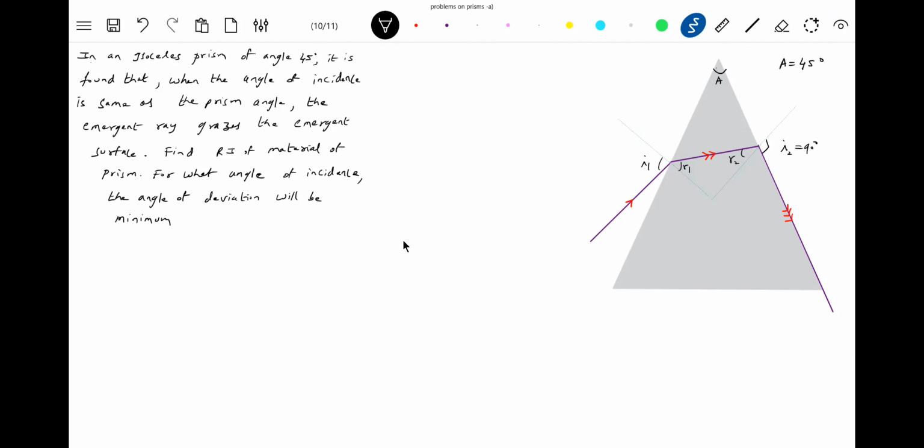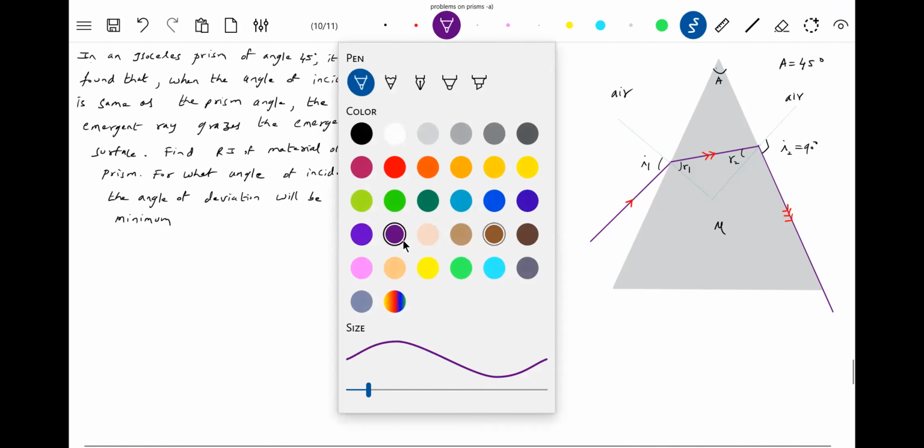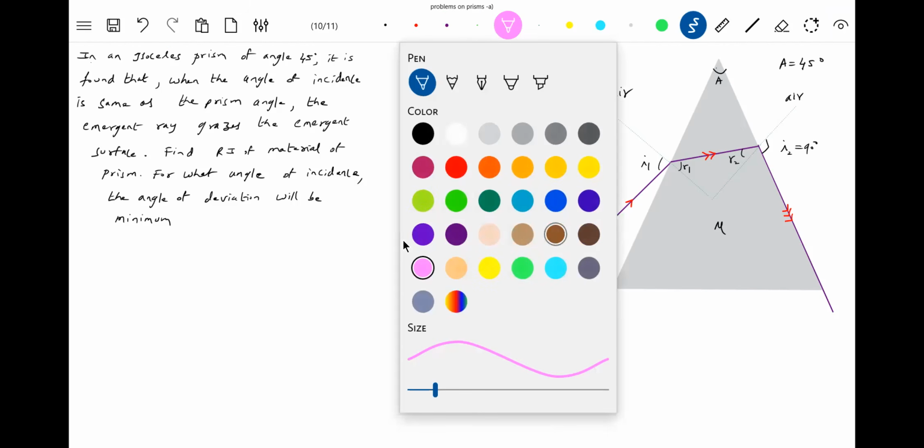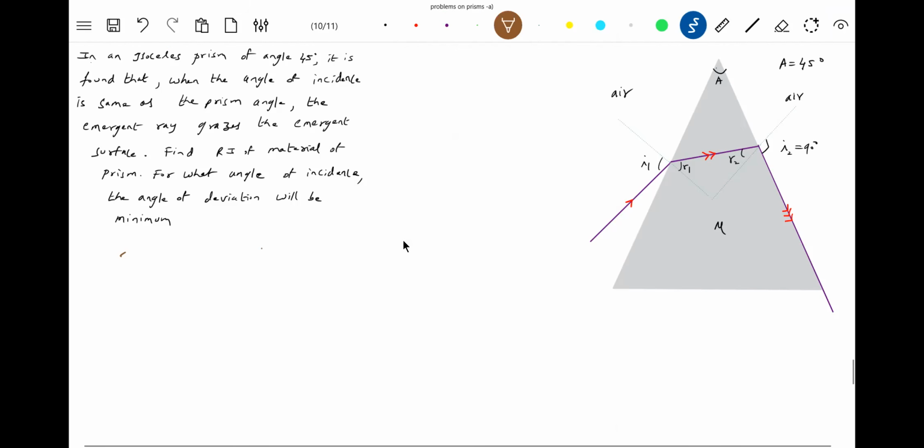Find the refractive index of the material. The other medium surrounding the prism is air itself. So sin I1 equal to mu sin R1.